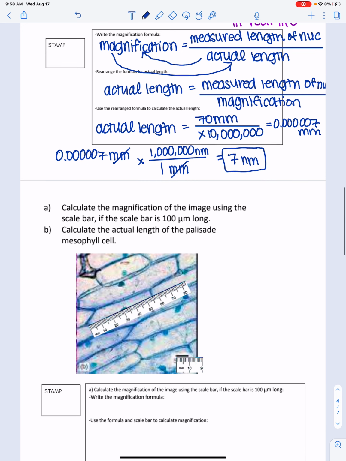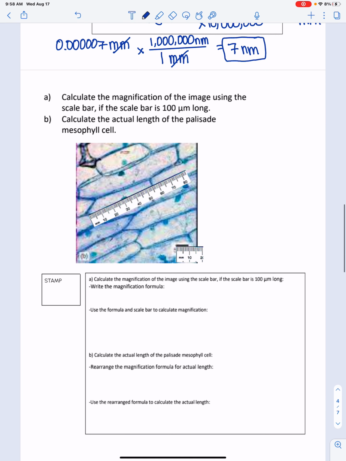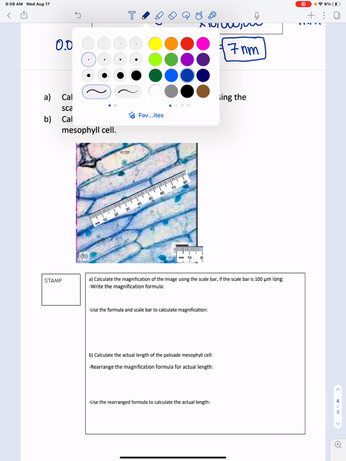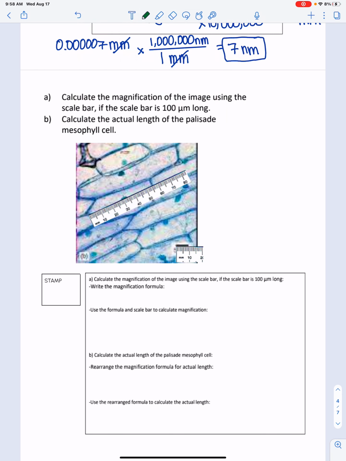Now, sometimes they aren't going to give you the magnification, and that's where things can get a little bit tricky. So I want to give you a few steps just to make sure we're all on the same page.